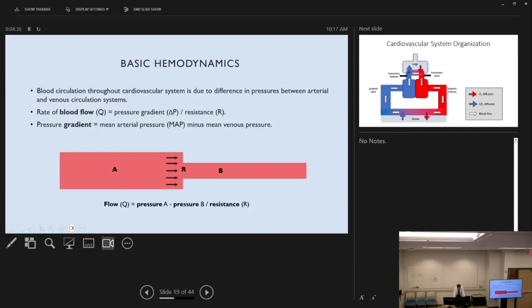Generally speaking, the resistance in our body is given by the degree of constriction or dilation of the arterioles. That is the most important factor determining the resistance to the circulation.